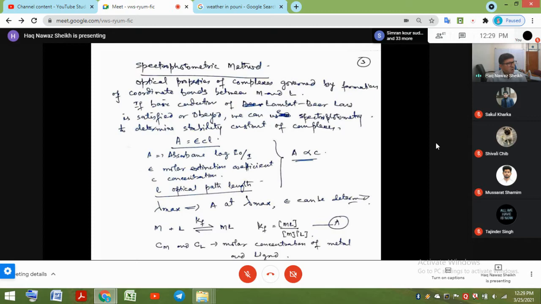The third thing is that if you have two substances having the same concentration, suppose you have a copper sulfate solution and a nickel nitrate solution, both with the same concentration, 1 mole per liter, and you place them in the same cuvette having the same path length, still the absorbance is different in the two situations.